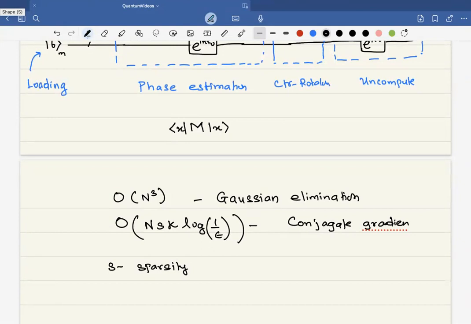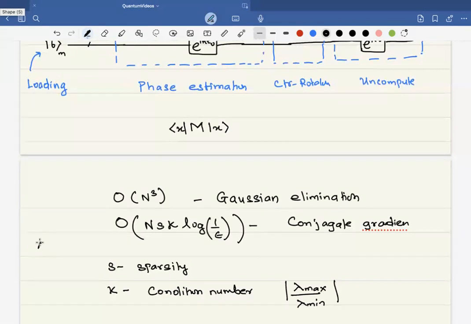So this is sparsity, and kappa is what is known as the condition number, which is the ratio of the maximum to the minimum eigenvalue. The condition number is a measure of how much the output changes with a change in the input.